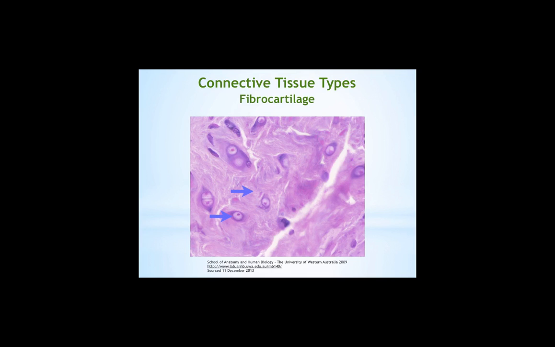So there's the two types of cells in there. And it's very strong but elastic, which it needs to be between the vertebrae.